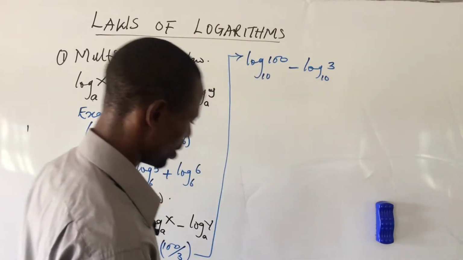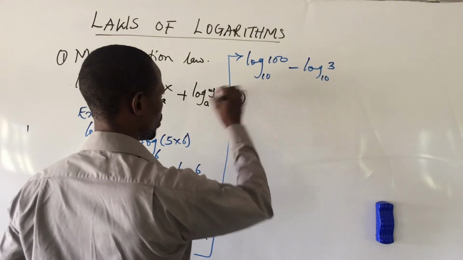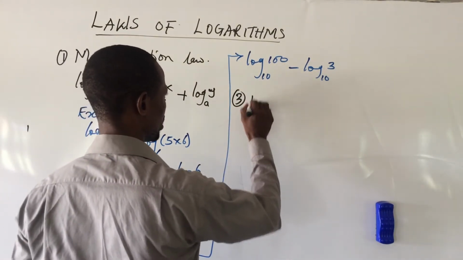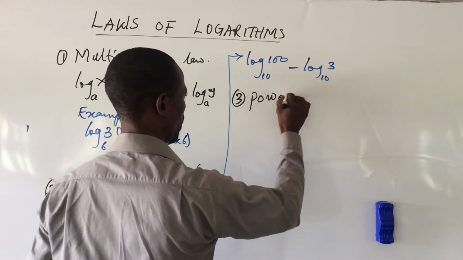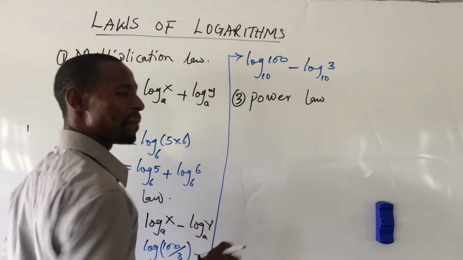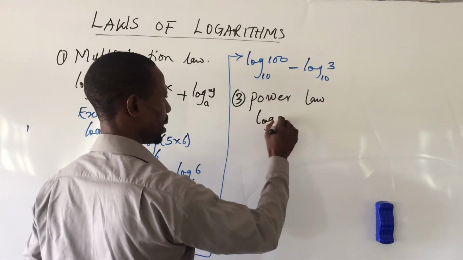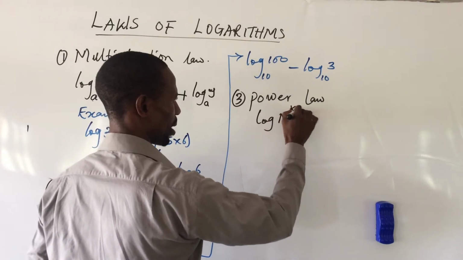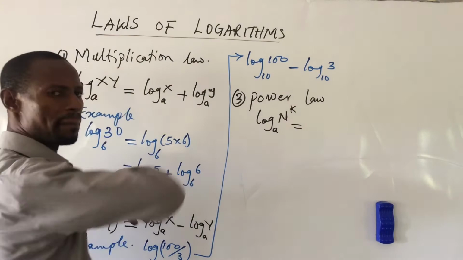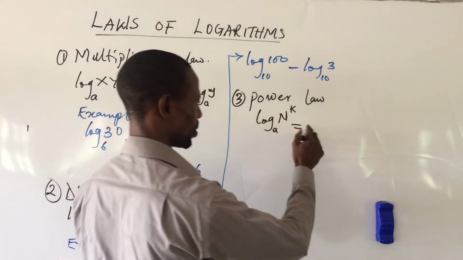Then the next one, I call it the power law. Rule or law number 3. The power law of logarithm says that if you have log n to the power of k base a, bring this power back and multiply it by whatever you have here.